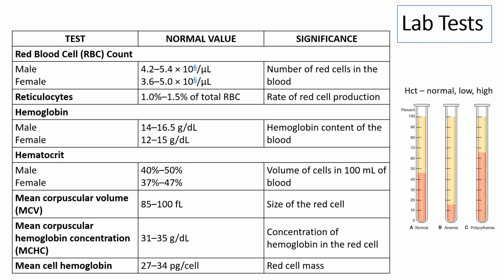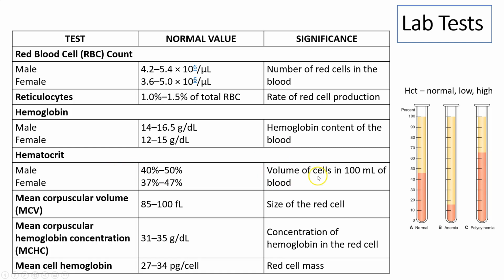There are several tests that are important in looking at red blood cell numbers and function. You can look at the number of red cells in the blood, and so this would be our red blood cell count. If you look at reticulocytes, you can look at the rate of red blood cell production. You can also measure hemoglobin and the amount of hemoglobin in the blood. Another measure we use is the hematocrit.